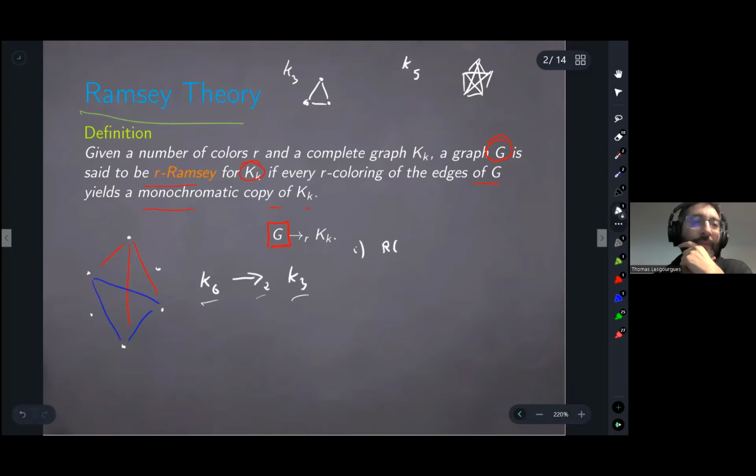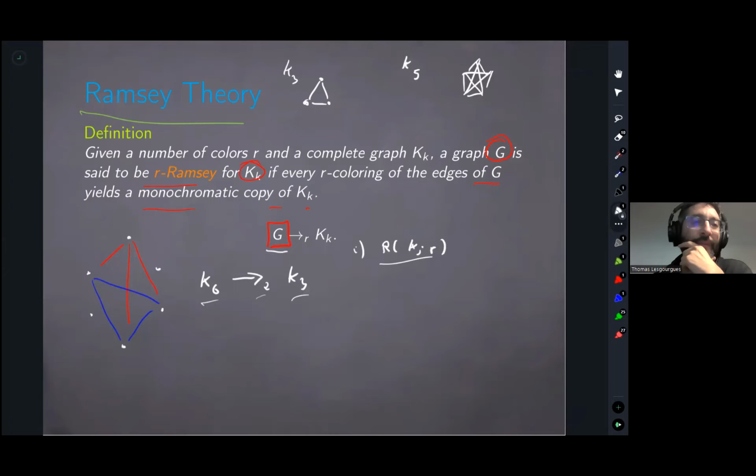I think he wrote it like that: R of r colors for the clique size k. He showed that we know asymptotics, but actually not that many things about that coefficient. That coefficient just explains what's potentially the smallest graph G that is Ramsey for K_k. So that's one type of graph, the smallest one possible in some sense.